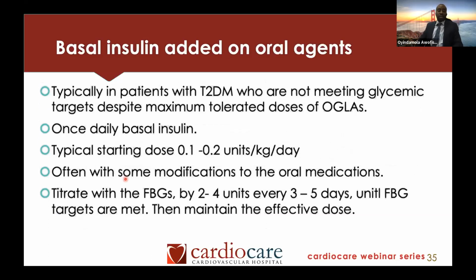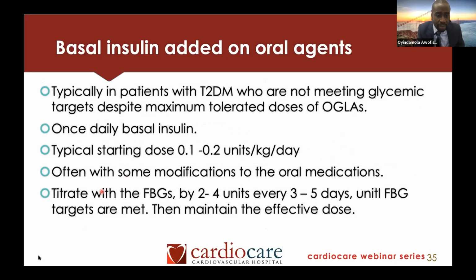So this is one of the regimens that I want to encourage people to start using more and more, and that's basal insulin as an add-on to oral agents. Obviously, it's typically in patients with type 2 diabetes that are not meeting their glycemic targets.